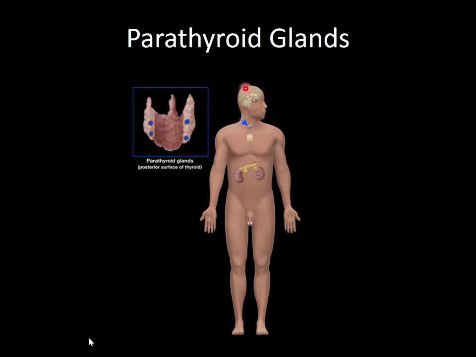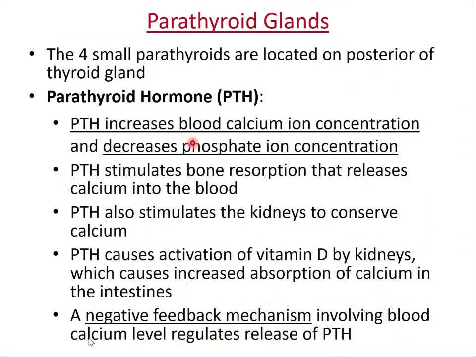Next, let's look at the parathyroid glands. So here we see the thyroid gland from the posterior aspect, and behind the thyroid gland we have these four glands shown in blue here for the parathyroid glands. So the parathyroid gland consists of four small parathyroids located posterior of the thyroid gland. Parathyroid gland is important in regulating blood calcium and phosphorus concentrations.